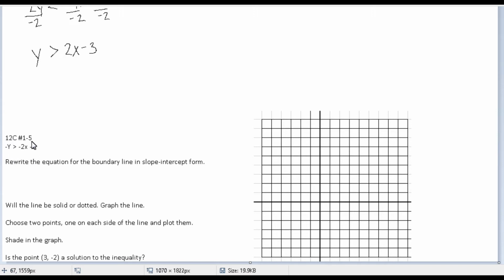Alright, to rewrite it in slope-intercept form, we have a -y and then x is on the other side. So all we have to do is get rid of that negative. But when I do that, let's say that I take this and I multiply by -1.